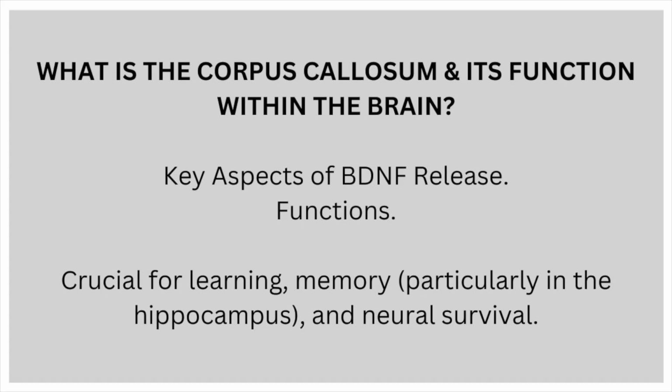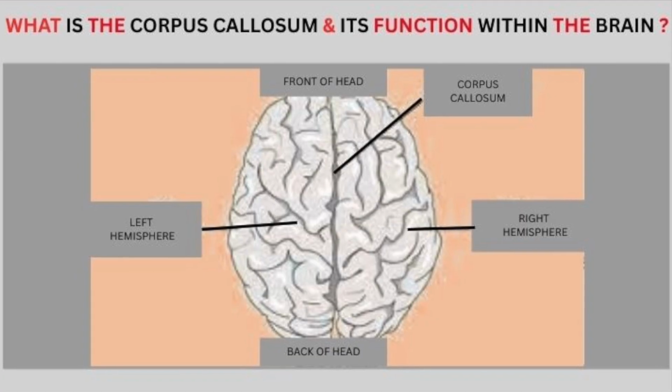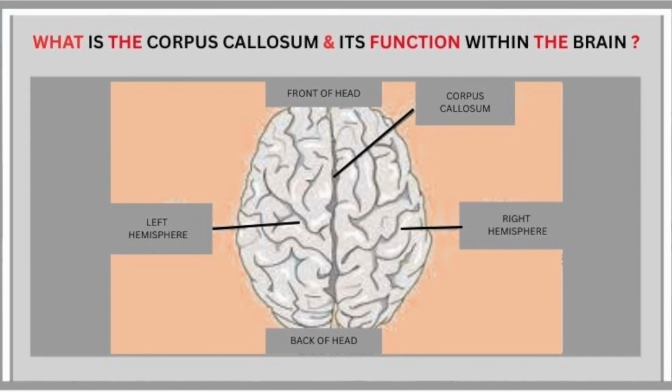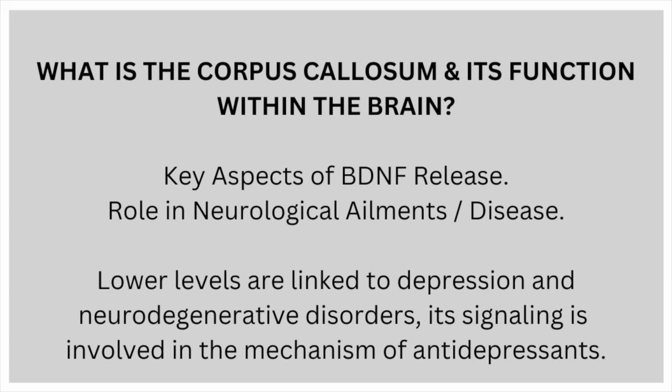Crucial for learning, memory, this being particularly in the hippocampus, and neural survival. Role in neurological ailments. Lower levels of BDNF release are linked to depression and neurodegenerative disorders. Its signaling is involved in the mechanism of antidepressants.